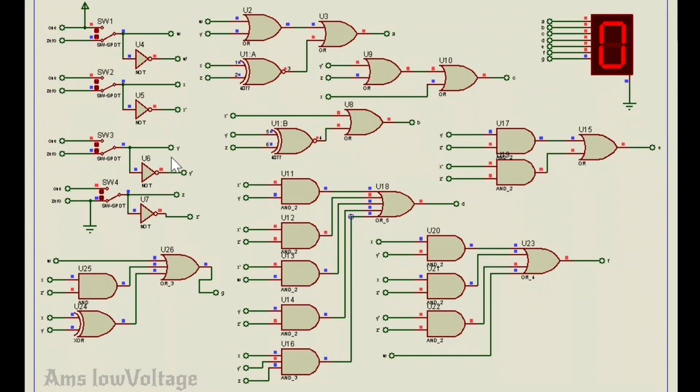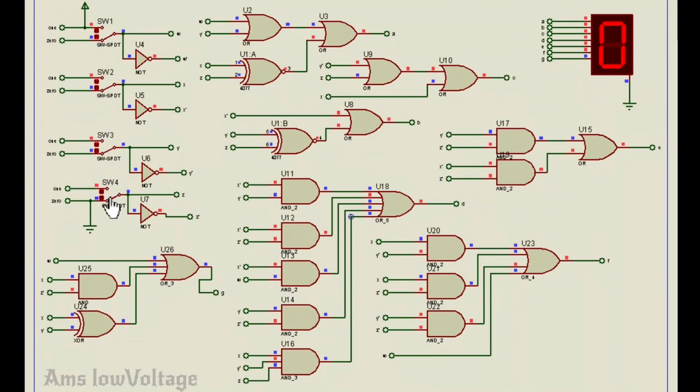W, X, Y, and Z all are 0. So we can see when it is 0 0 0 0, our 7 segment display is displaying 0. That means our equation is alright. This is working fine for 0. And let's have a look at 1.